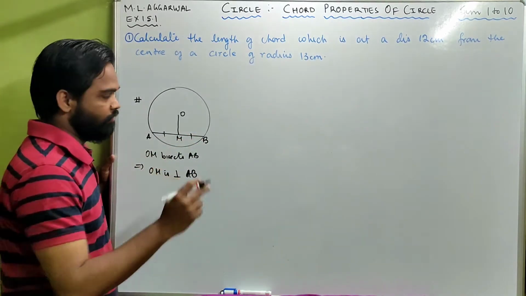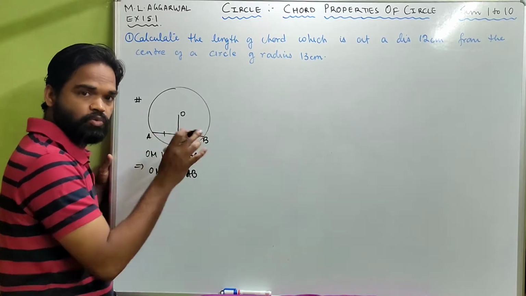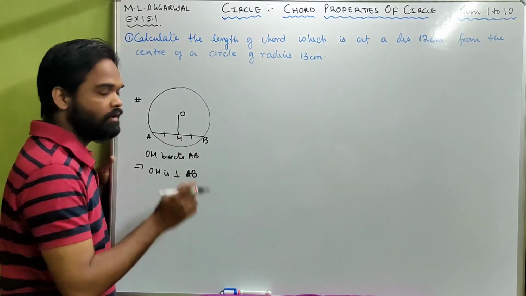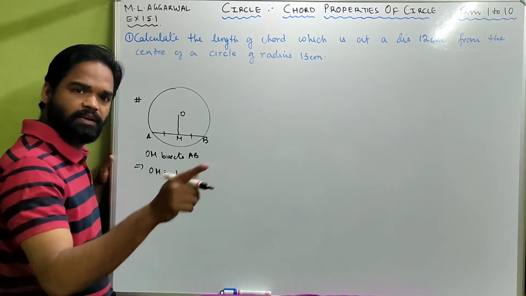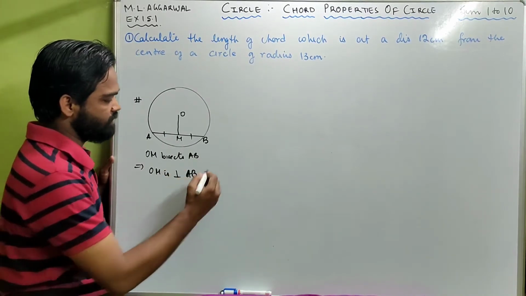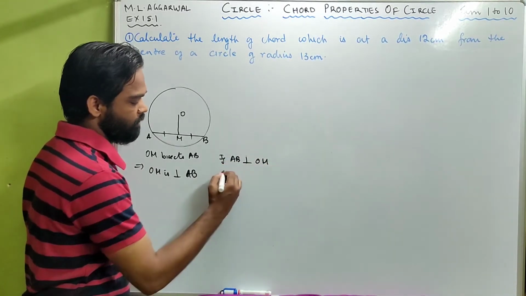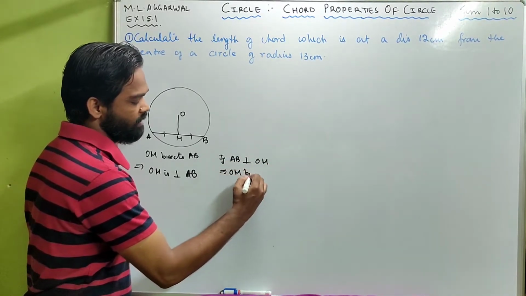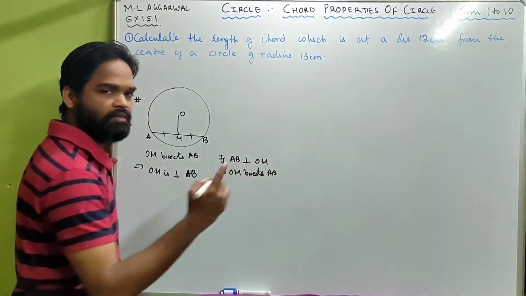So if we have a line OM in such a way that OM bisects AB into two equal halves, that is AM equals to MB, then OM will be perpendicular to AB. The converse is just the reverse, that is if AB is perpendicular to OM, then OM bisects AB. That's the converse theorem.